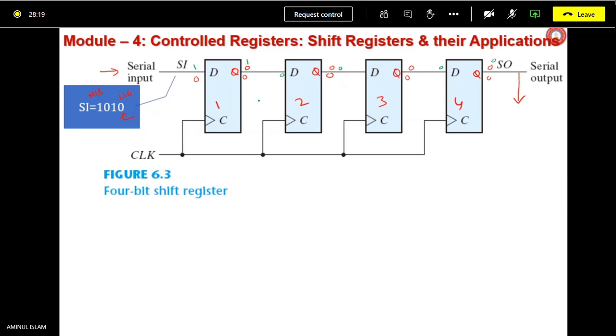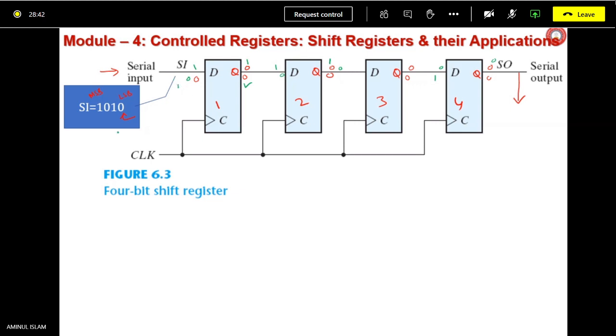Next time you are applying 0 here, so that 0 will be stored here, and this 1 is going to be stored here, and here will be 0. And then lastly, we are going to apply the MSB, that is 1.